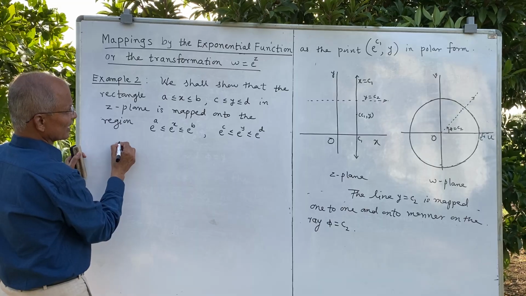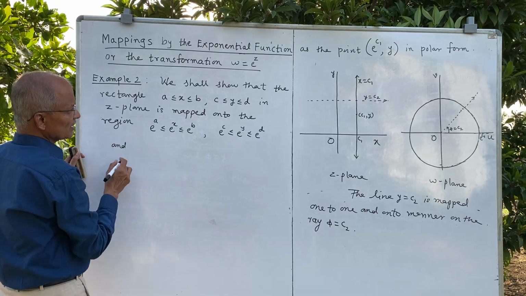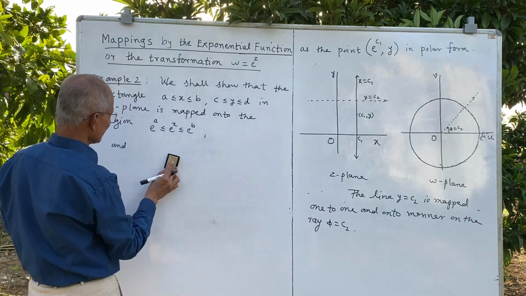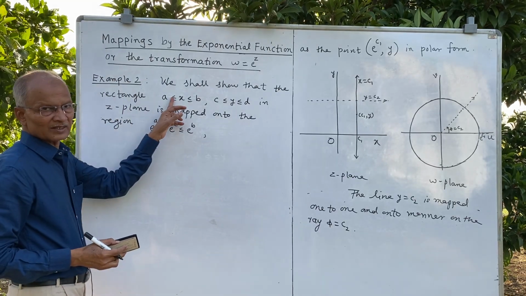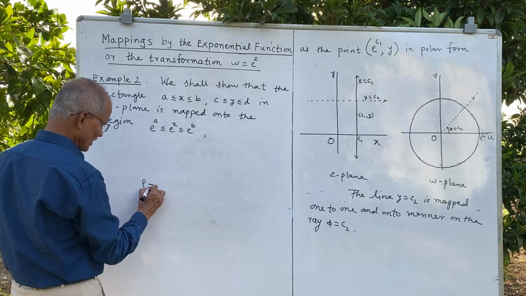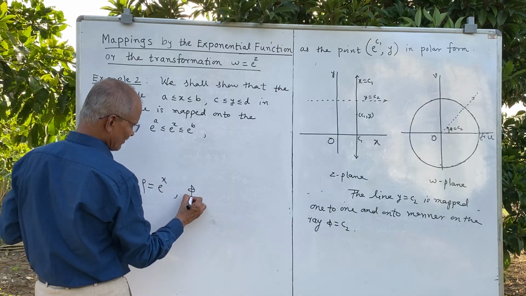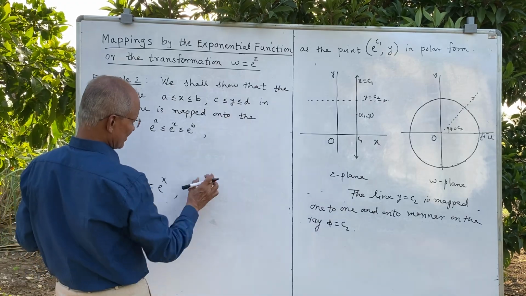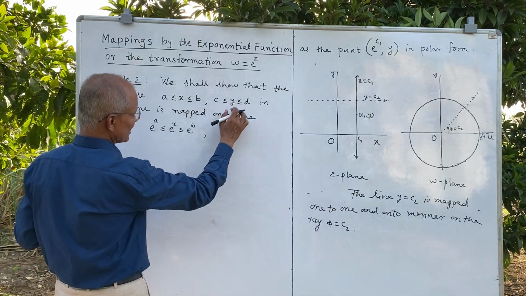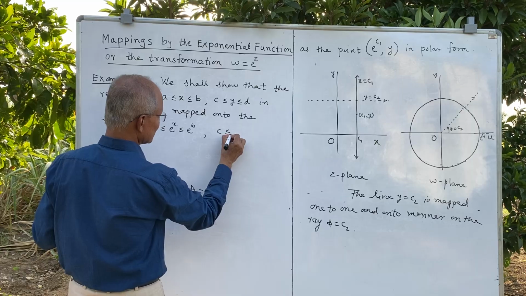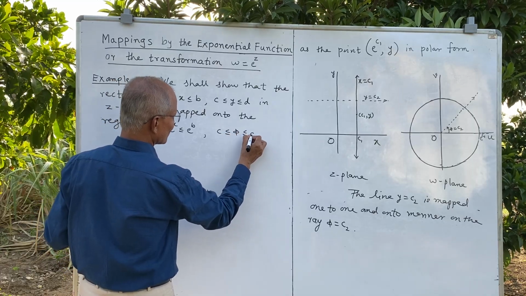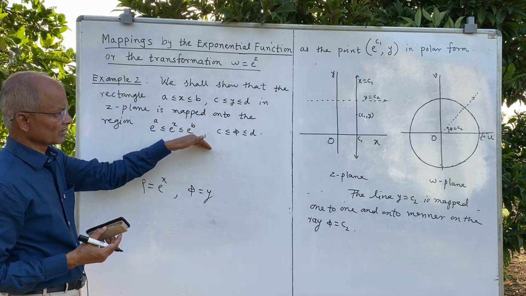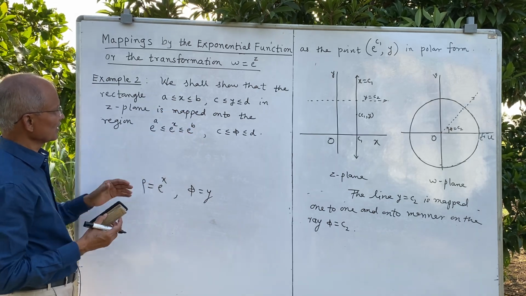But see, this will not be the y value, because for the transformation only x gets transformed, rho is equal to e power x and phi is equal to y. So therefore phi will be between c and d, that is c is less than or equal to phi is less than or equal to d. So that will be the correct expression for the region in the W plane.